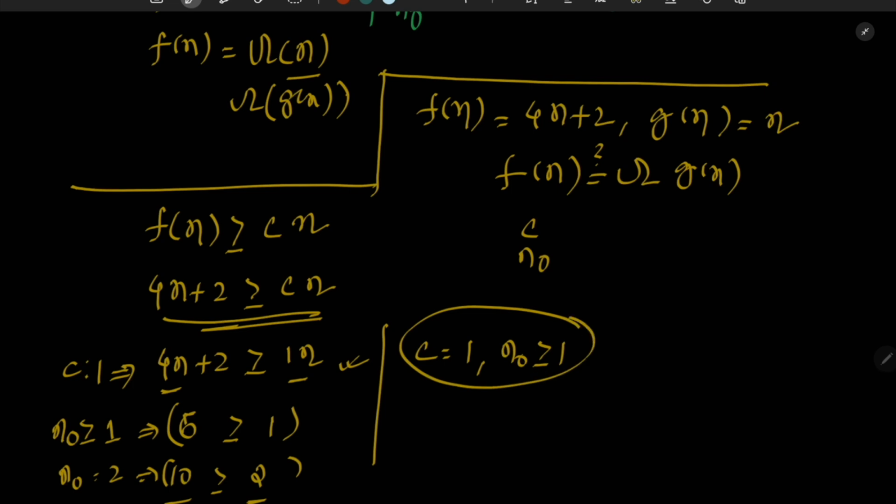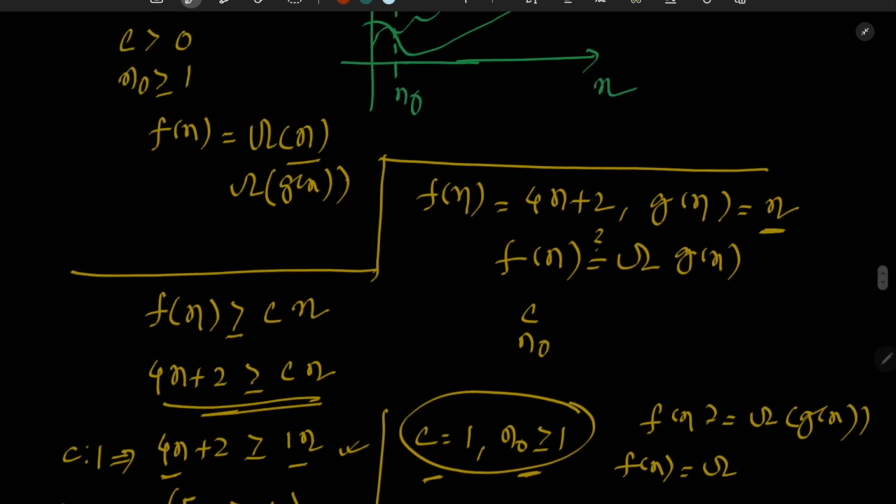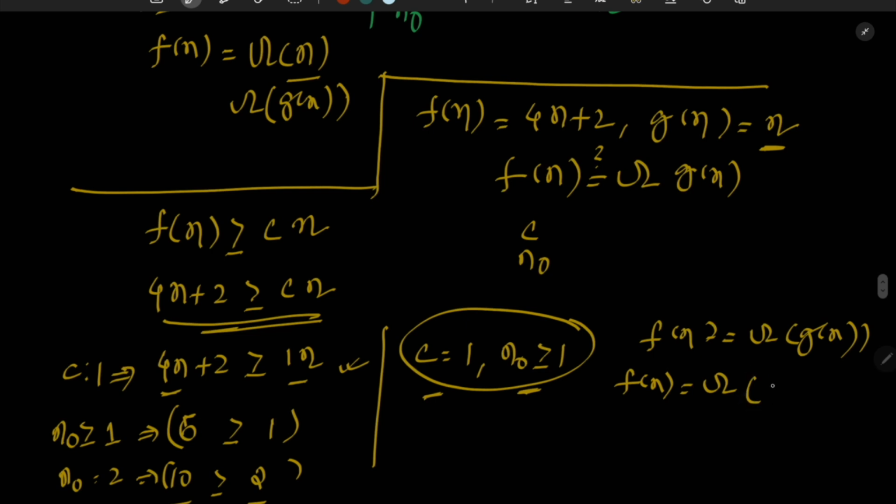So can we say that f(n) is big omega of g(n), because we found such a c value and n naught value? f(n) should be big omega of what was g(n)? g(n) was n. So big omega of n.